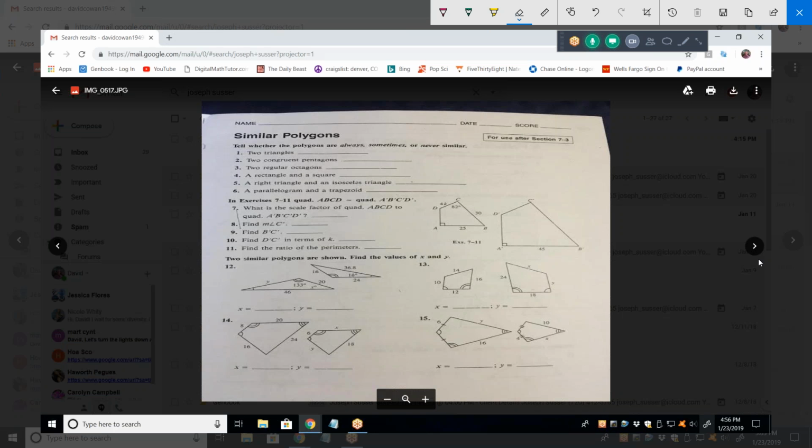So you can tell that that bottom side is the corresponding side to the bottom side of the other one. You won't always be able to, but you will always be able to use the letters. If they call this A, B, C, D, and this one A prime, B prime, C prime, D prime, then you can always assume that AB is the corresponding side to A prime, B prime.